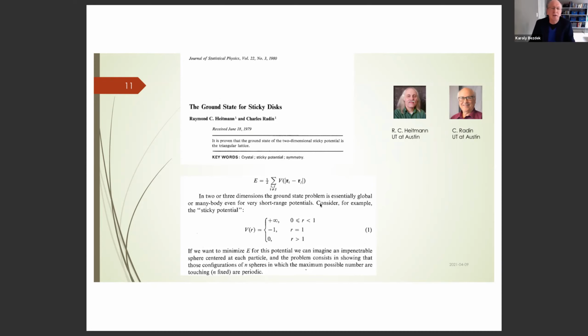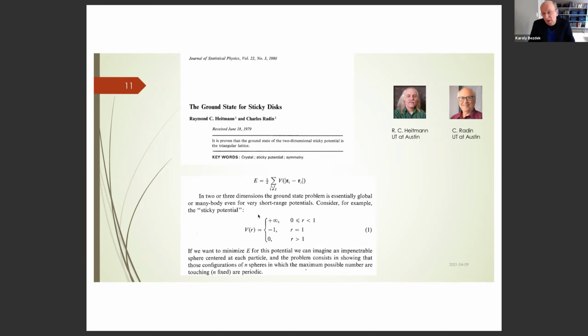One can phrase this in this elegant way, as you see here in this page of the article, talking about minimizing the energy. The sticky potential is introduced here in such a way that our task is indeed to maximize the number of touching pairs in the packing.